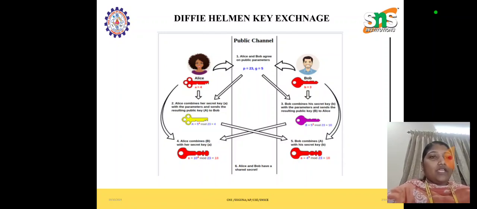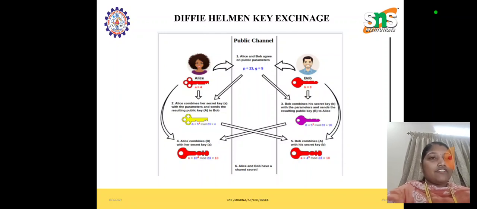In the same way, Bob will also combine his secret key B along with the public parameters, and Bob will generate a public key, and that will be shared to Alice. The public key generated by Alice is shared to Bob. Now both public keys are exchanged over an insecure public channel.